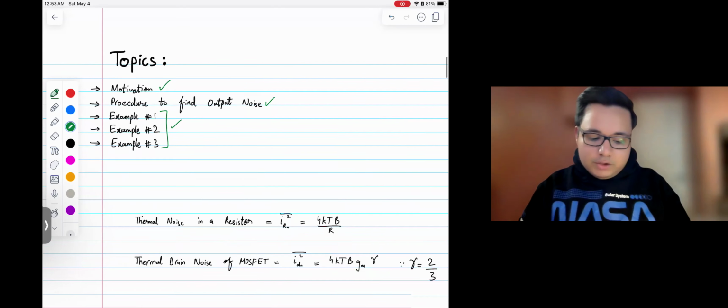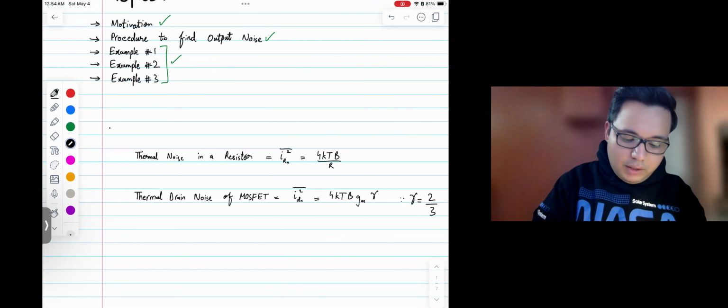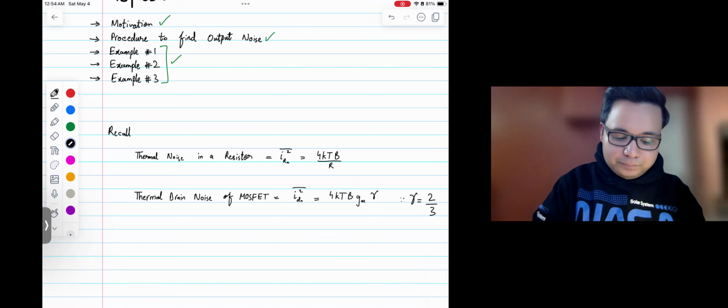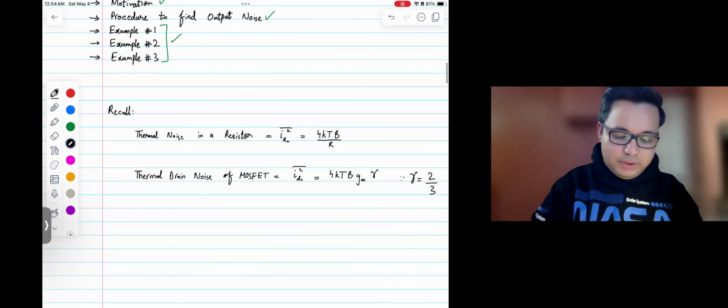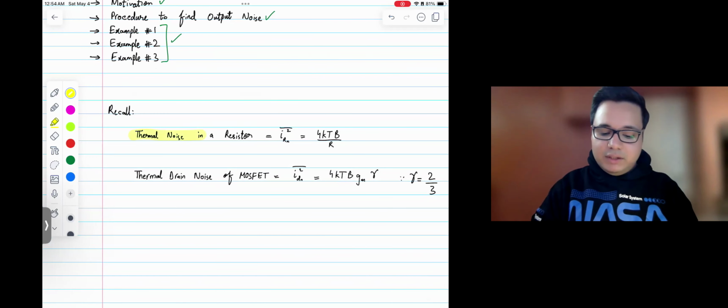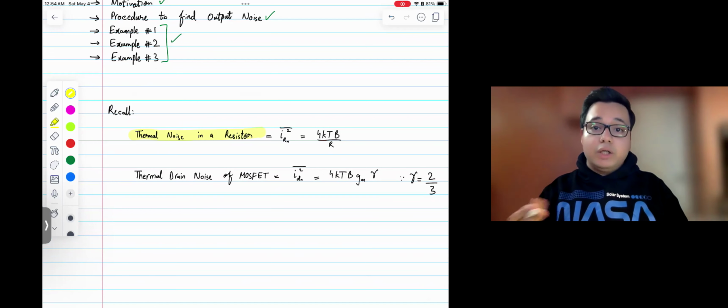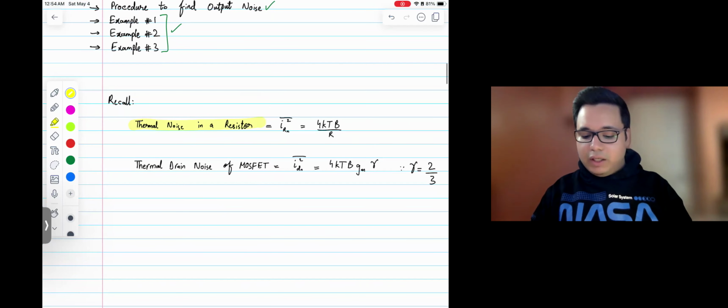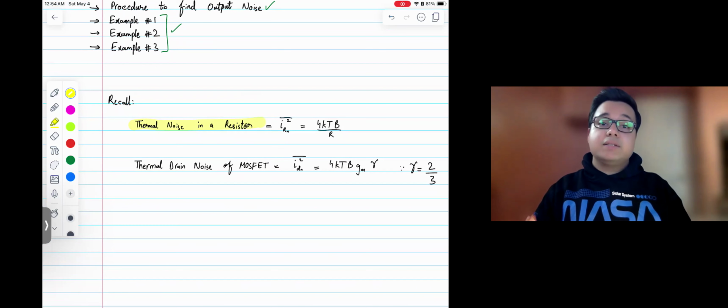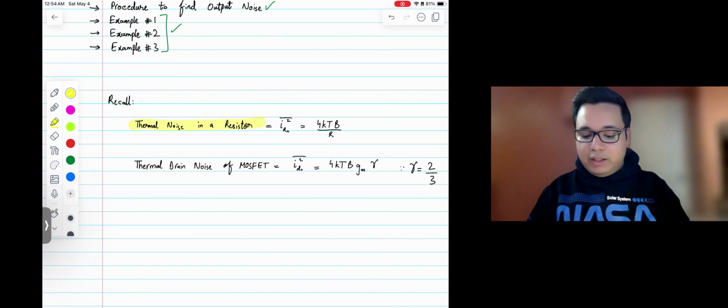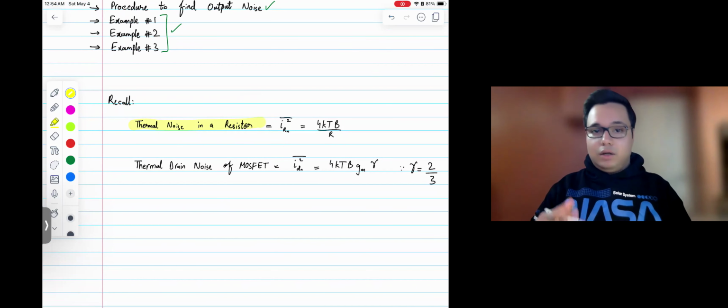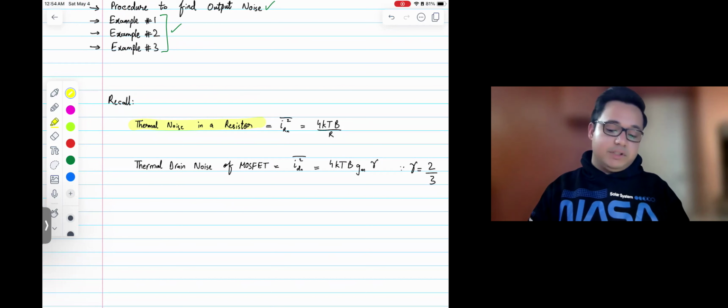All right. So before we start, I want you to recall 2 things from previous videos. First is the thermal noise in a resistor, and the mean squared current value for that is 4kTB over R, where k is the Boltzmann constant, T is the temperature in Kelvin, B is the bandwidth, and R is obviously the resistor value.